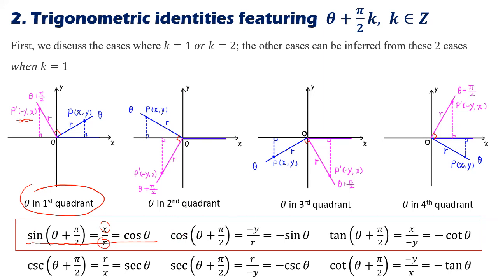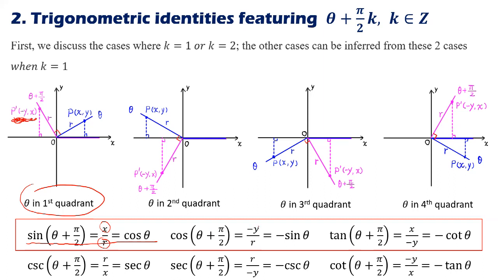And now let's have a look at cosine theta plus half pi. Using the same method, according to the definition, cosine theta plus half pi is the x coordinate of theta plus half pi, which you can read from this point here, right? Which is -y over r.